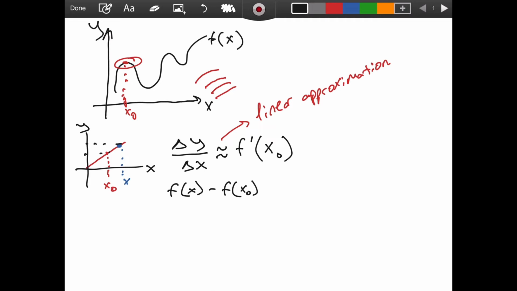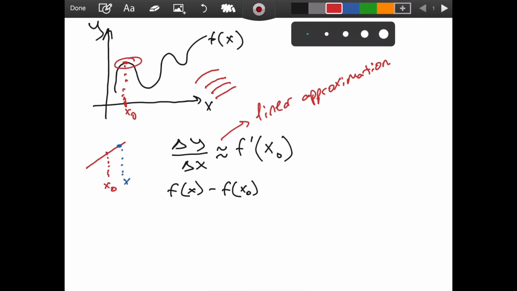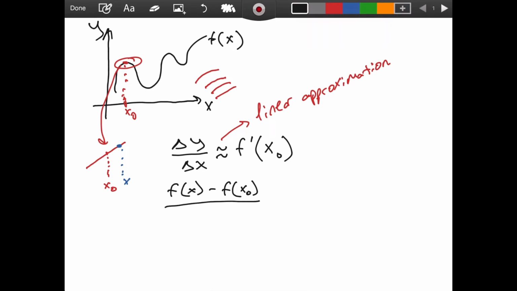And I will erase this coordinate system to not make it confusing, because we zoomed in, don't forget. Right? This is this region zoomed in 1,000, 1,000,000 times. Anyways, and for delta x, we just have x minus x naught. This is approximately equal to the derivative at point x naught.